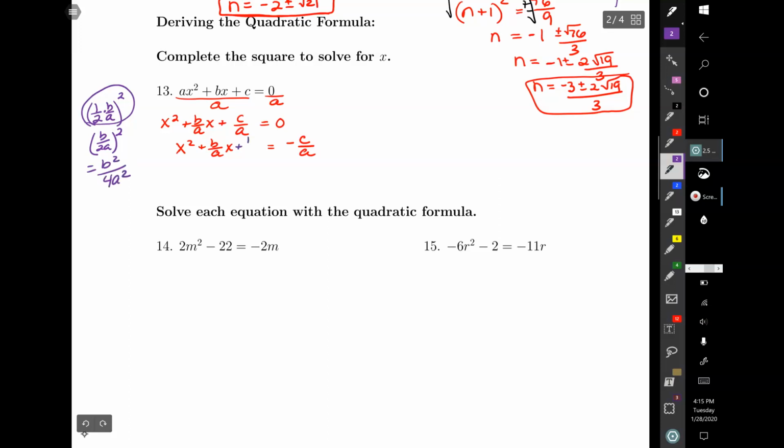So we're going to add that to both sides. We need to have a common denominator on that right hand side, so I'm going to multiply the numerator and the denominator by 4a.